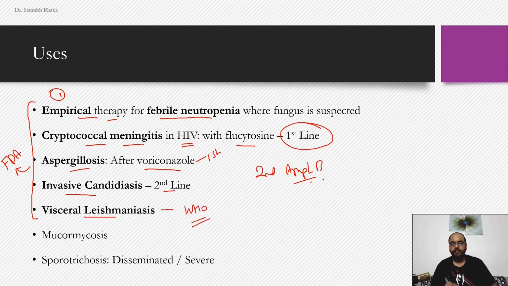Other is mucormycosis. We heard a lot during the COVID pandemic about mucormycosis being treated with amphotericin B. And disseminated severe sporotrichosis is also another indication where the other antifungal drugs are not showing benefit.